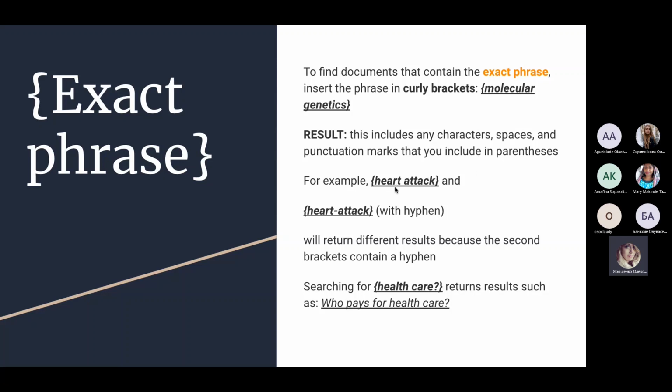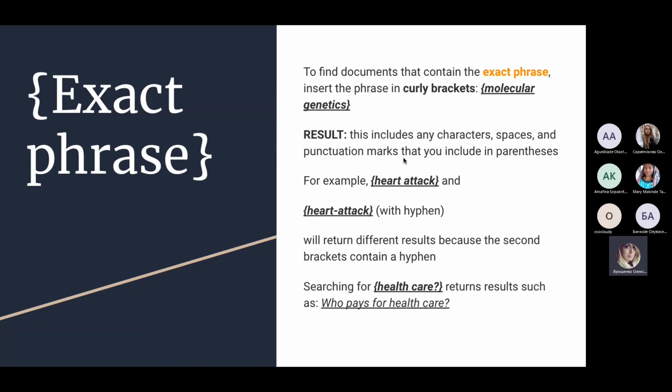For example, heart attack without hyphen and heart-attack with hyphen will return different results because the second brackets contain a hyphen. Searching for health care question mark returns results such as who pays for health care question mark.